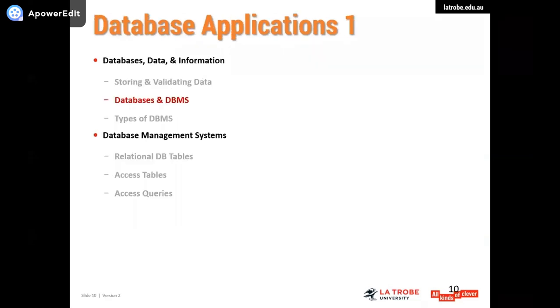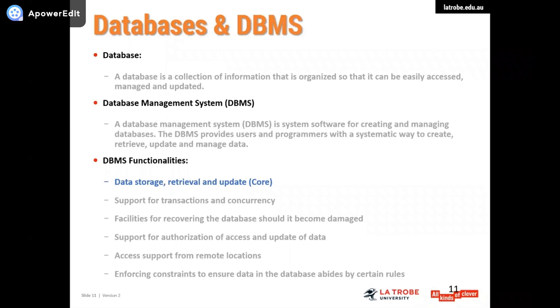Then let's look at databases and the DBMS. So what is the definition of a database? A database is a collection of information that is organized so that it can be easily accessed, managed, and updated. And the database management system, short for DBMS, is system software for creating and managing databases.